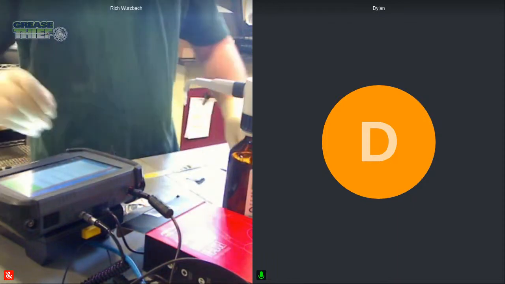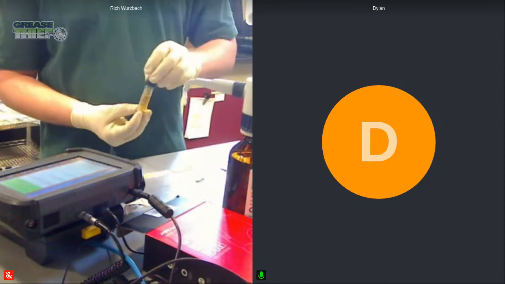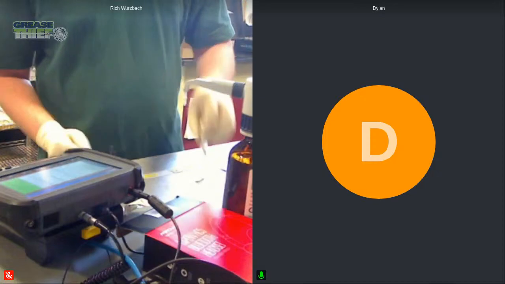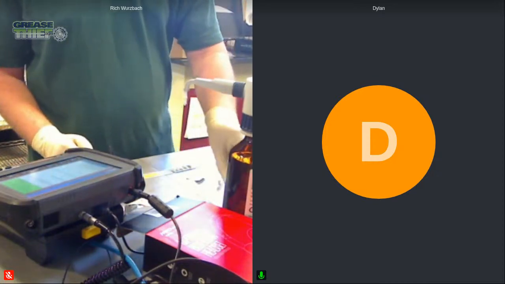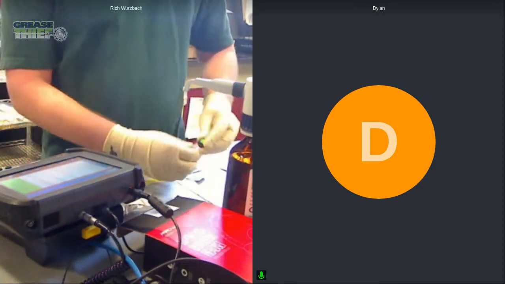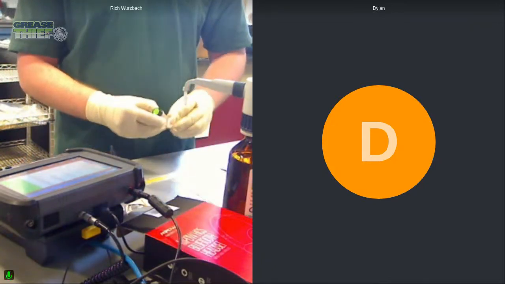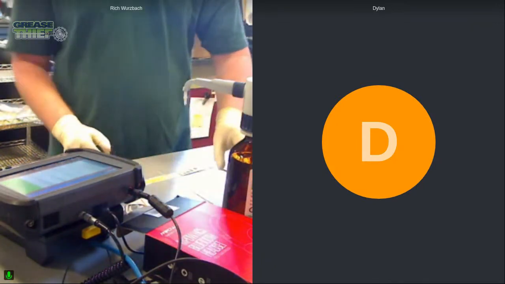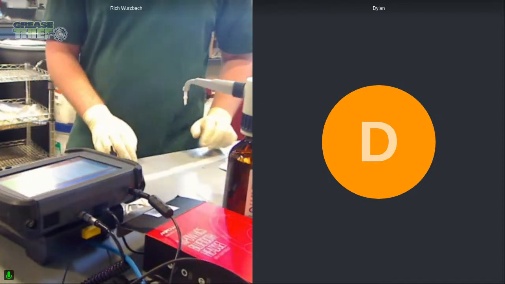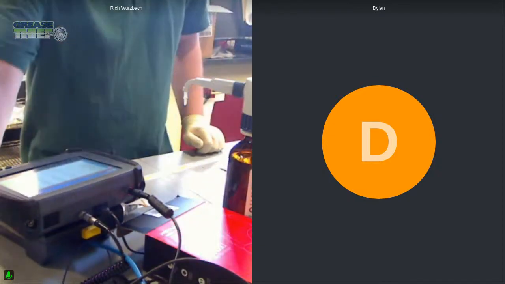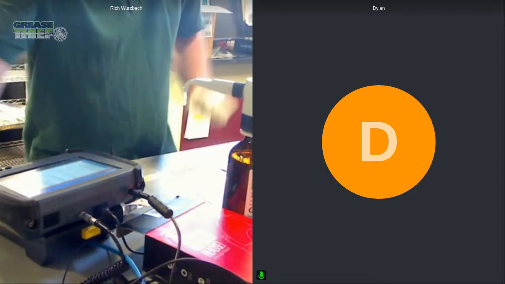So I have another grease sample here that has already been sitting for the interval, and we're going to test that. And Dylan, you can show in the camera that substrate is almost completely loss of grease in that example. Not the one you just did, but the one that's been sitting for a while.